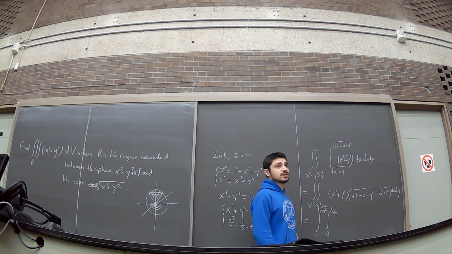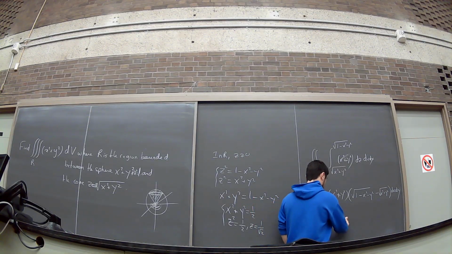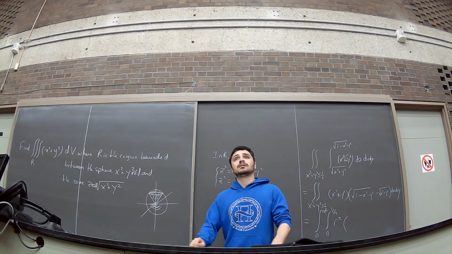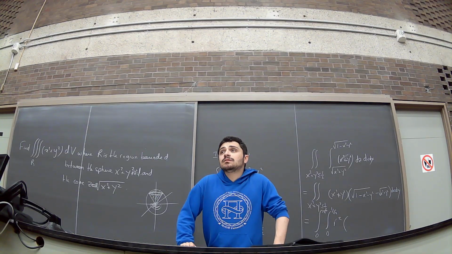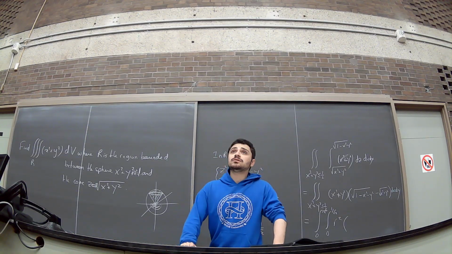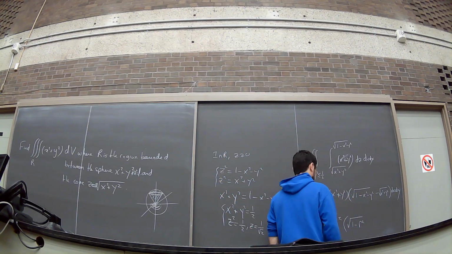X squared plus y squared, what does it become? Times square root of 1 minus r squared, right? Oh man, it's gonna get bad.